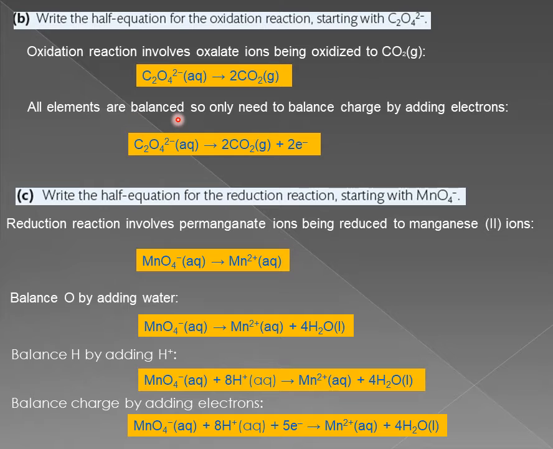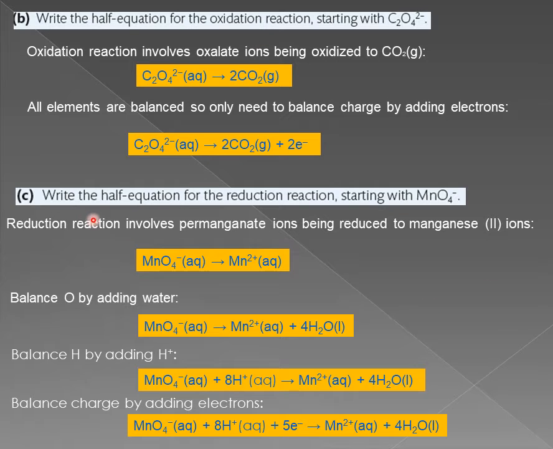All elements are balanced, so we only need to balance charge by adding electrons. So here at the reactant we have -2, so the product must also be -2. So this is why we added 2 electrons. So here -2 and reactant side -2. And this is oxidation because of loss of electrons.